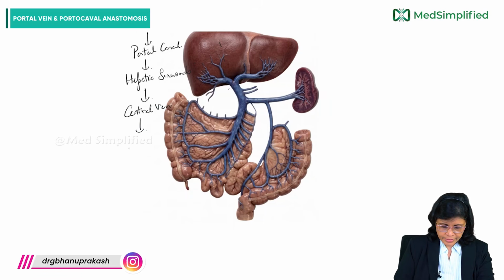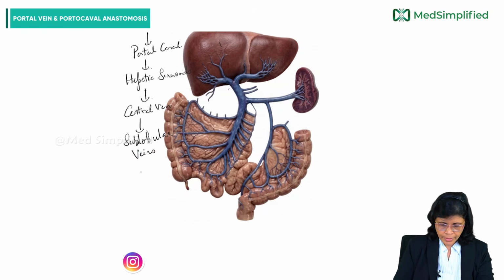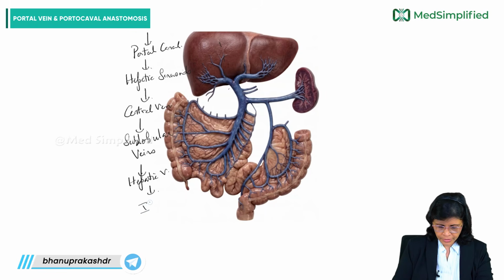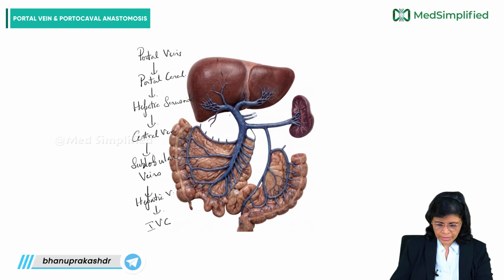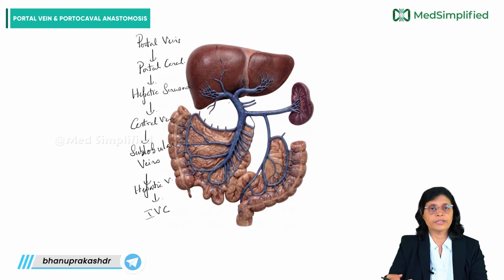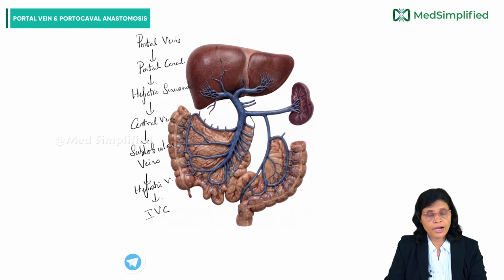And central veins join to form the sublobular veins, and sublobular veins join to form the hepatic veins, and these hepatic veins open into the inferior vena cava. So that is how the venous blood finally reaches the heart.